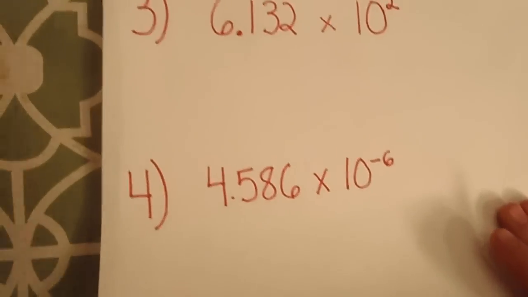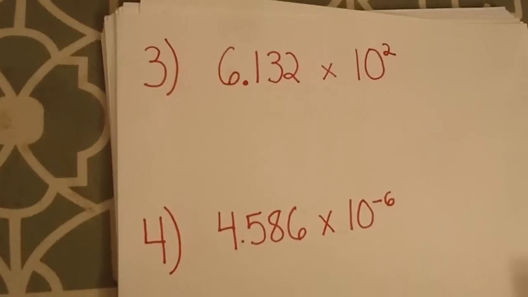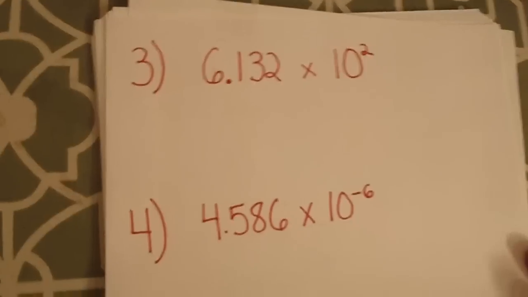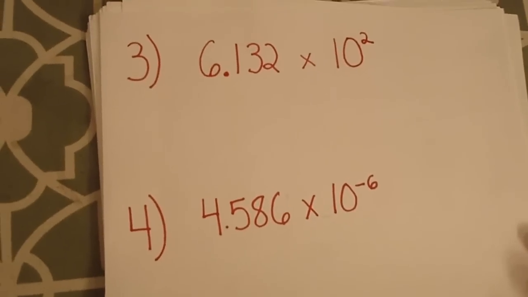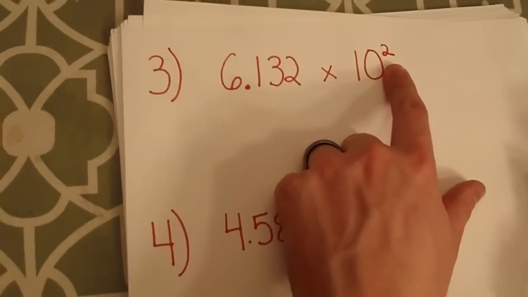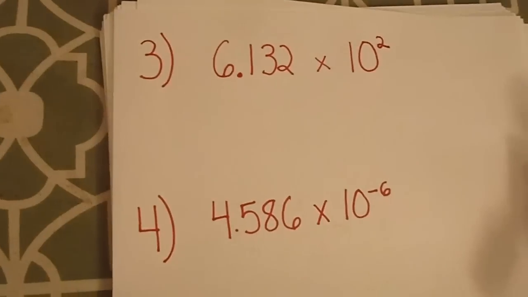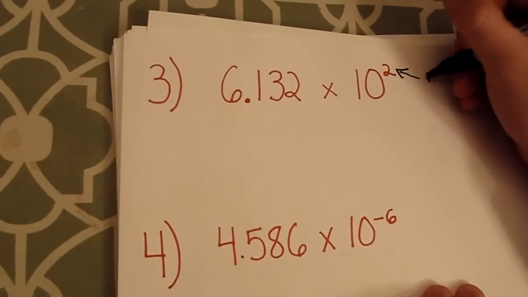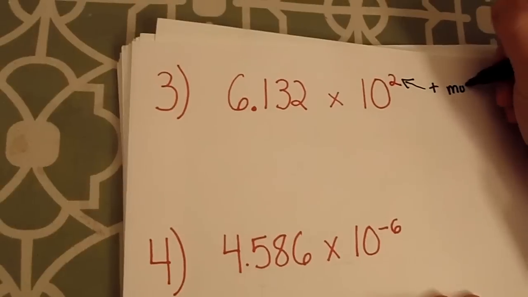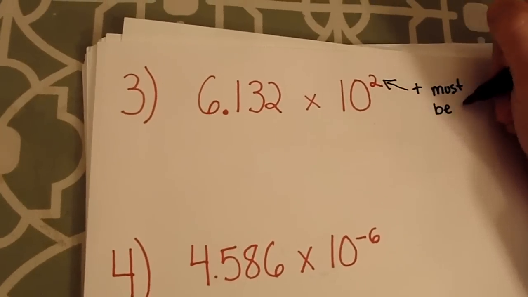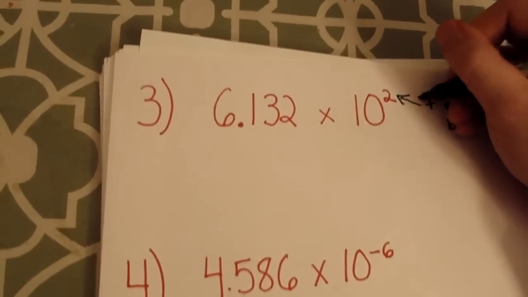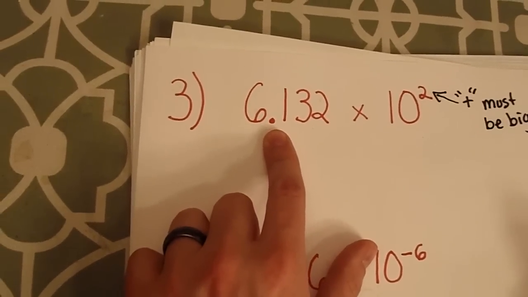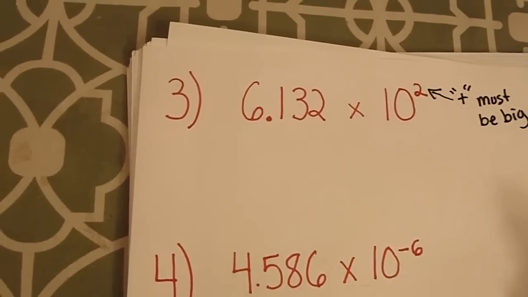What if we're given scientific notation and we want to go into regular numbers? Okay. Well, remember we said exponents that are positive, are they big numbers or small numbers? They're going to be a big number. So because it's positive, must be a big number. So what I'm going to do is move my decimal point over so that it will be a bigger number.